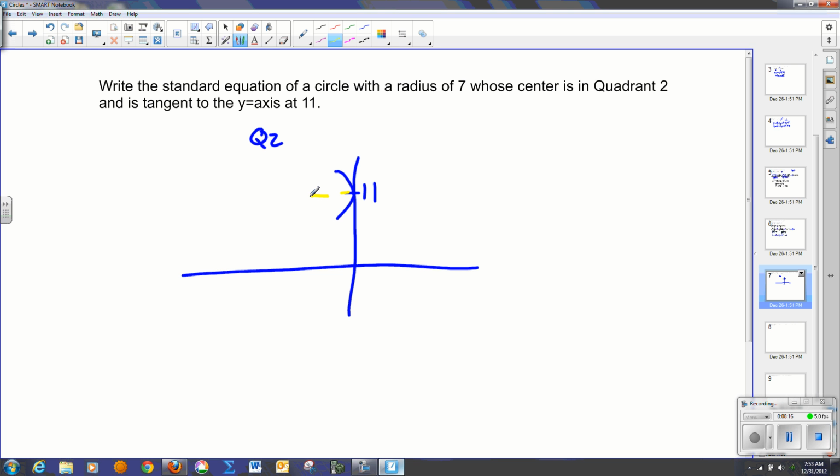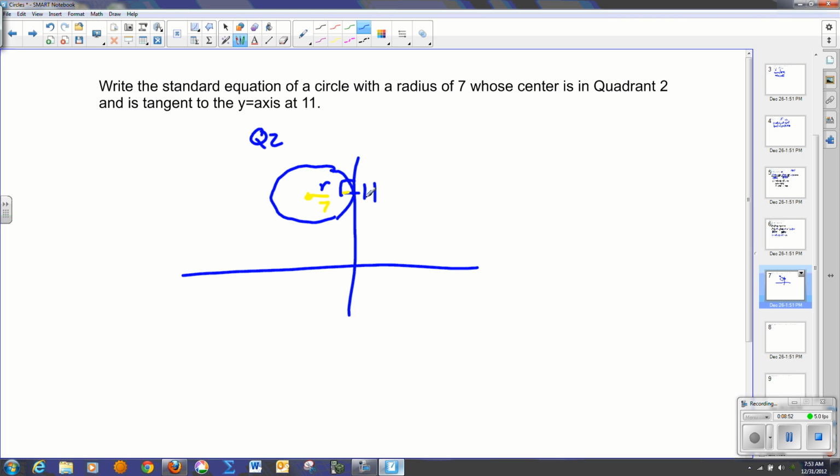So the length of that radius here is going to be 7. So I've got some circle that looks like this. Obviously not totally to scale. All right, which means I need to know my center since I already have the radius. So I know that if it's tangent at 11, by geometry, the point of tangency and the segment that it's tangent to is always perpendicular to the radius.